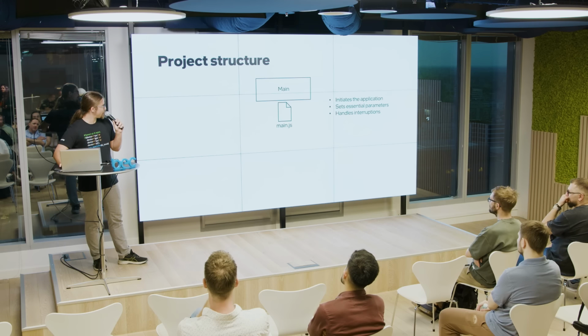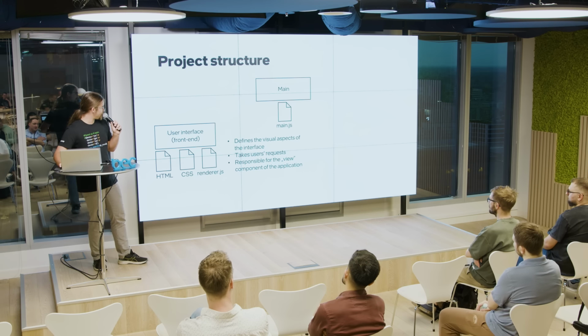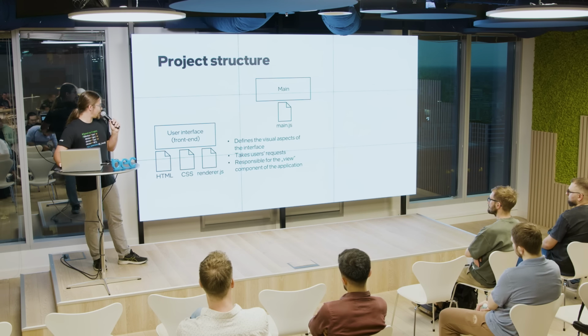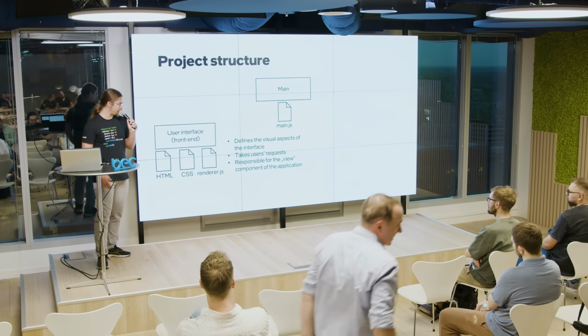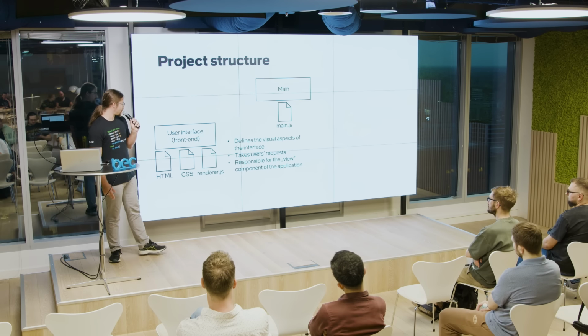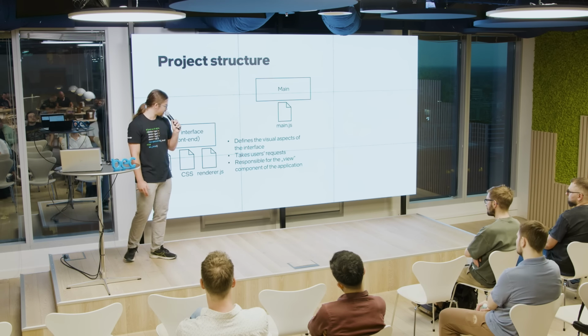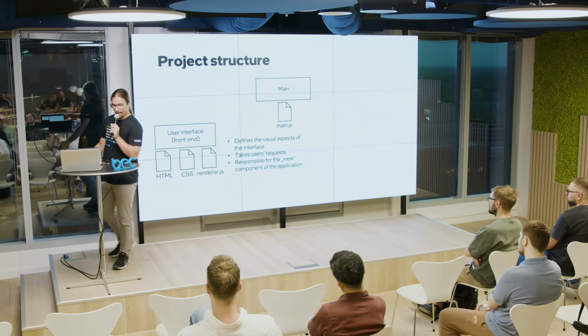First of all, we define the main file, which initiates the application, sets essential parameters, handles every interruption. Later, we define the front end, which is the user interface, so the view component of the model view controller application. Here is some HTML, CSS, renderer.js.